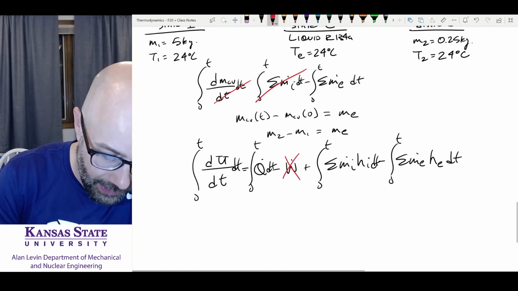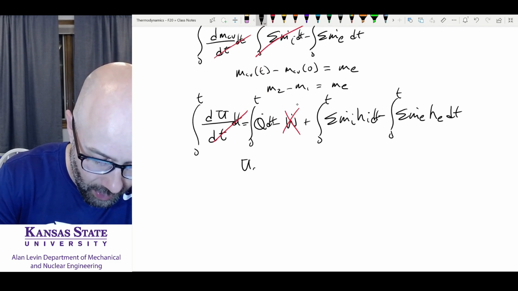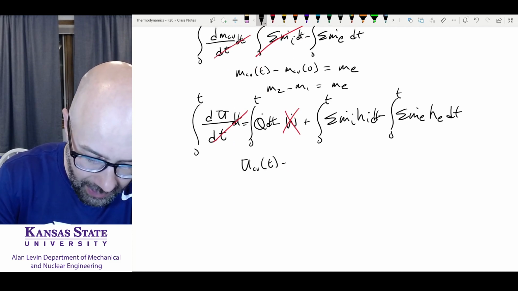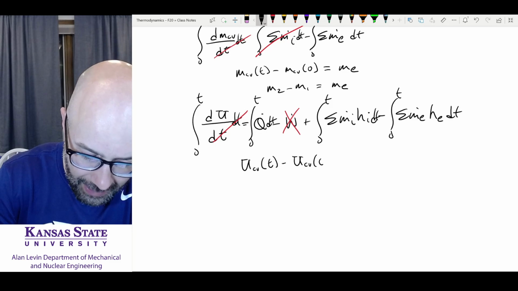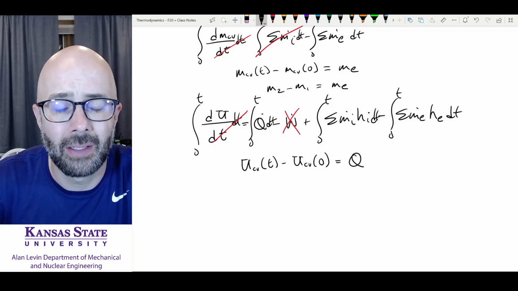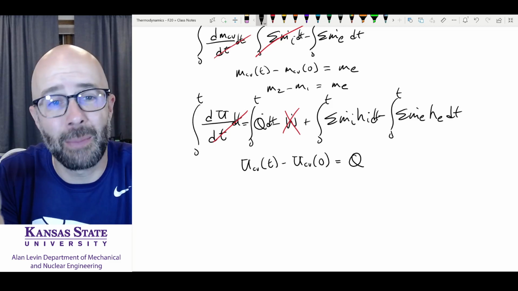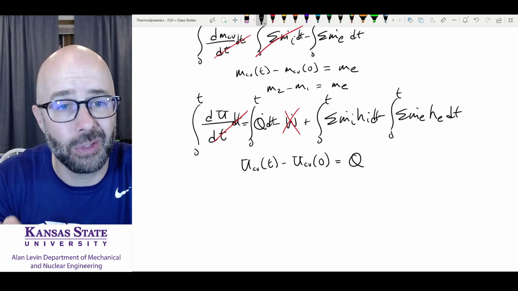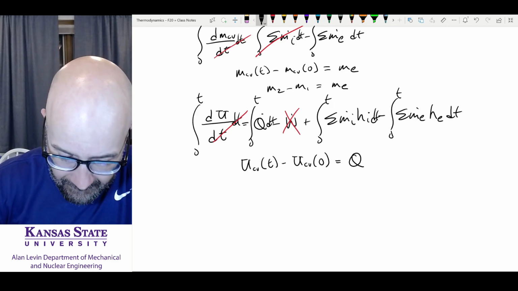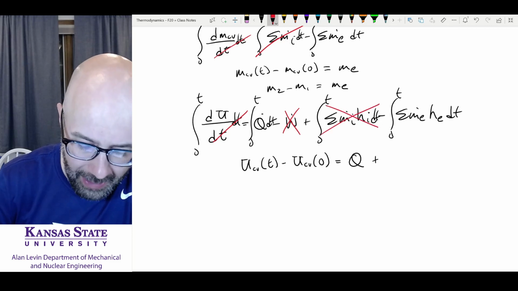And so if we do this, the dt's cancel, and we get the internal energy of our control volume at time t minus the internal energy of our control volume at time 0 is equal to the heat transfer, not the rate, because we're assuming it's constant and it goes out of the integral. The rate times the time over which the rate is applied gives me an amount. Plus, what did I do in here? I should get rid of this term. There's no mass coming in.